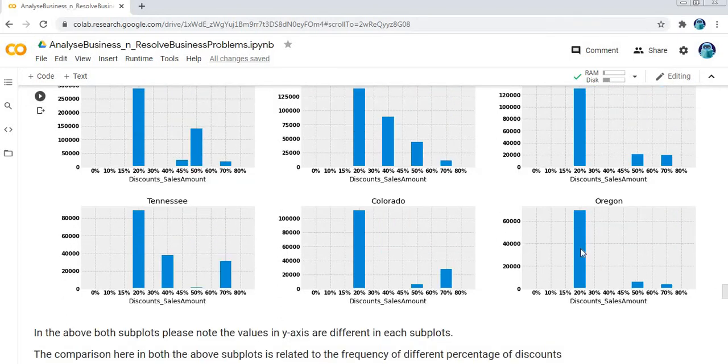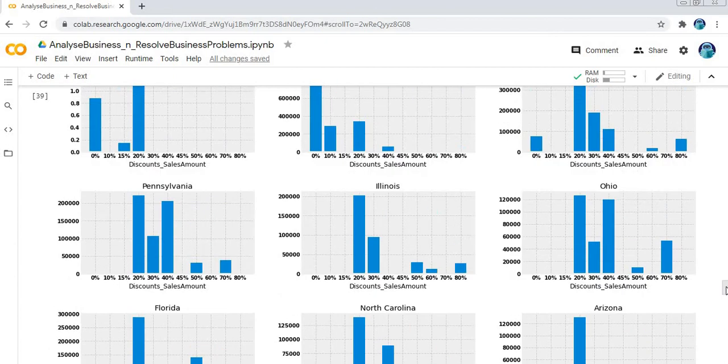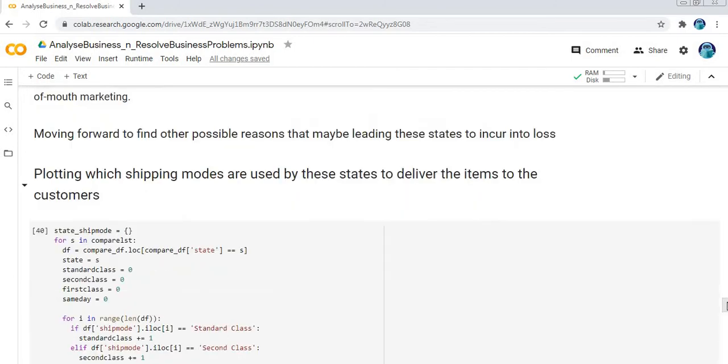As we see, 80% discount is also being given here on such a low sales amount.